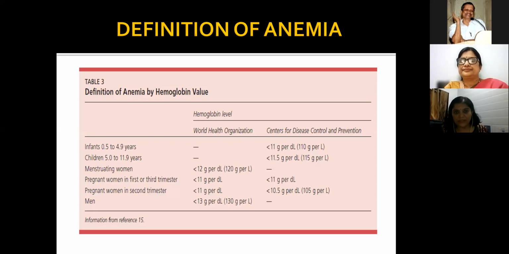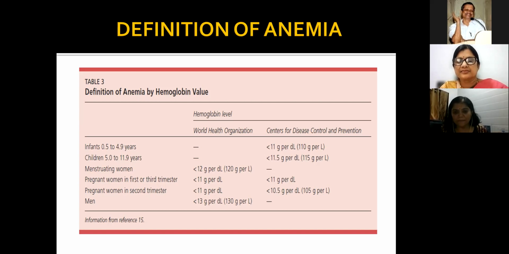The WHO actually gives you a number just because it wants to make it universal. So it says that for infants from 6 months to almost 5 years of age, we will call it anemia wherever the hemoglobin is less than 11. But for 5 to 12 years, this number is 11.5. For menstruating women, it becomes 12.